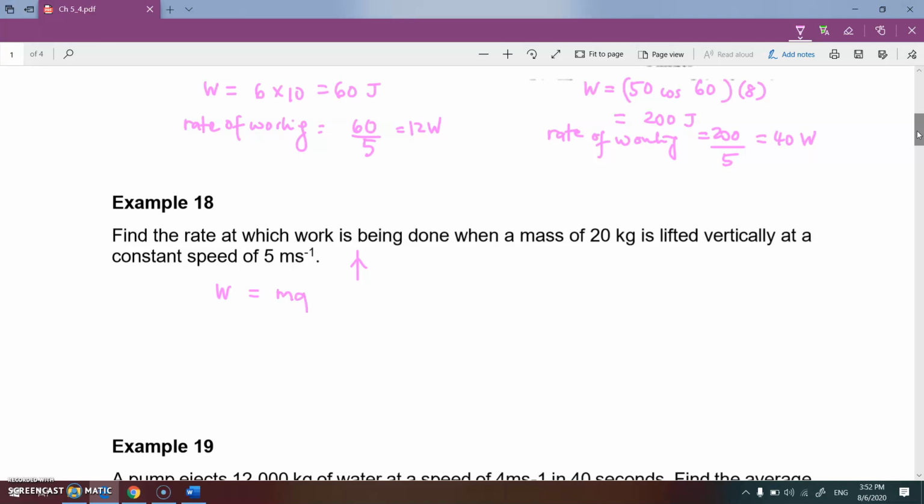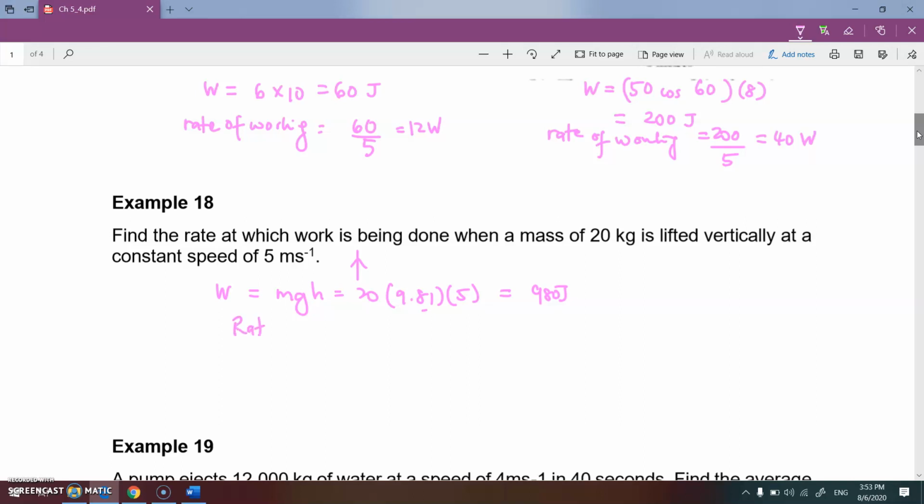So we will use mgh, where 20, 9.81, and then 5. So we get approximately 980, because in this book we use 9.8 instead of 9.81.